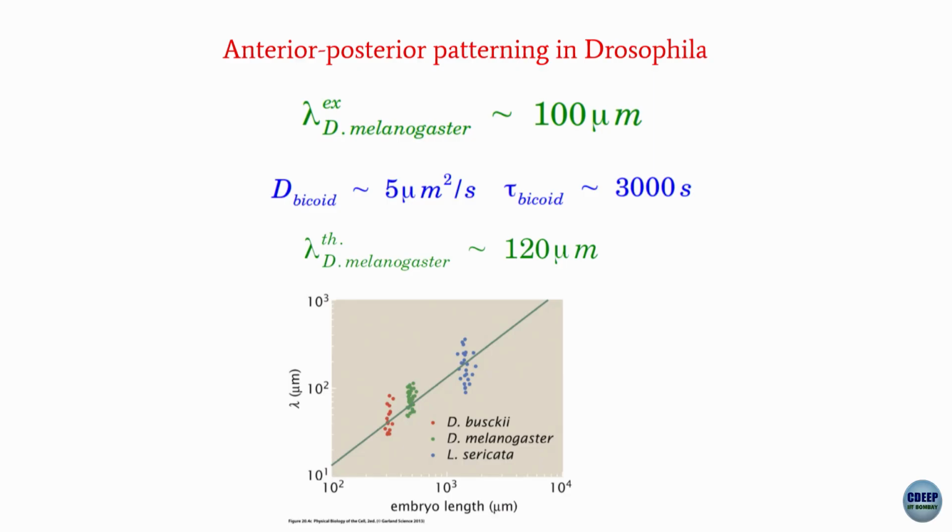In fact, hopefully I'll talk a little bit about that today. If you measure the diffusion coefficient, that's of the order of micron square per second. You can measure the lifetime of the bicoid protein, and then if you put it in this root D tau formula, you get a length scale which is of the order of 120 microns.